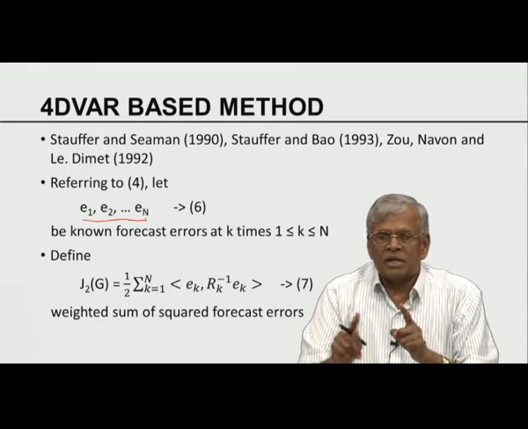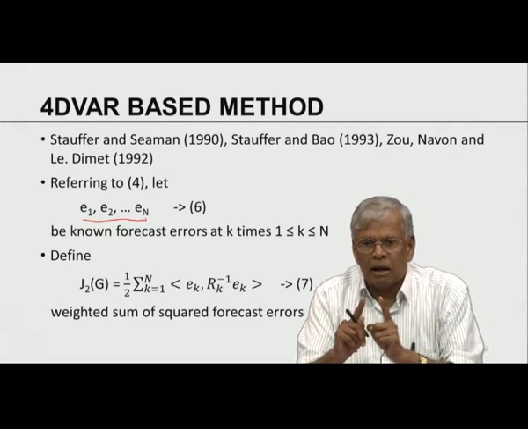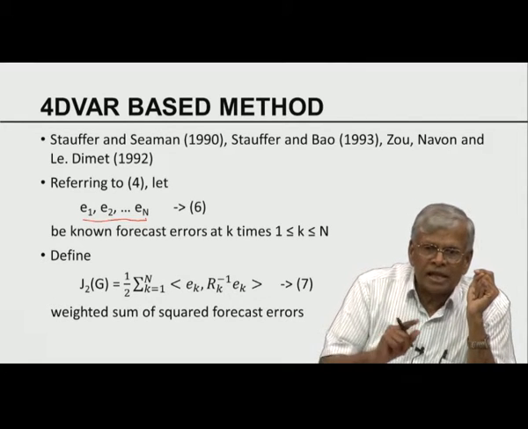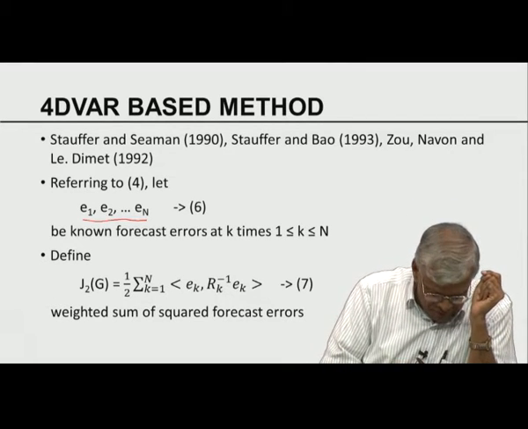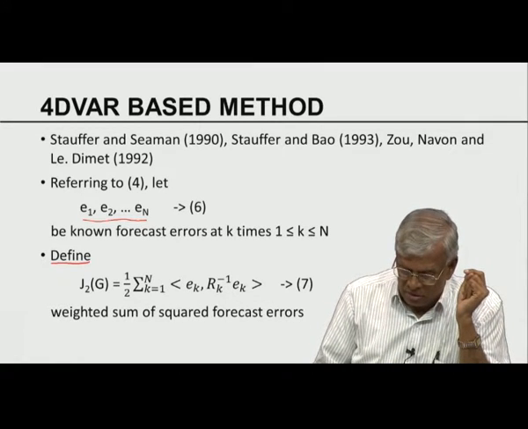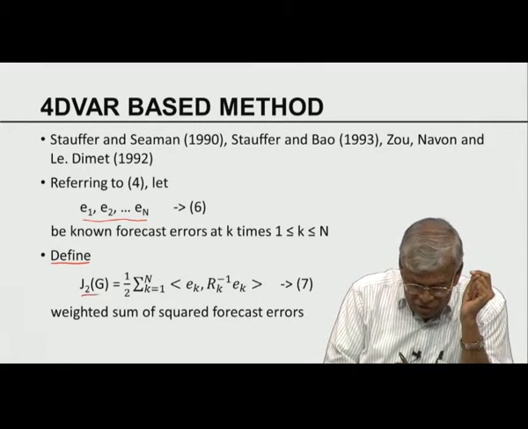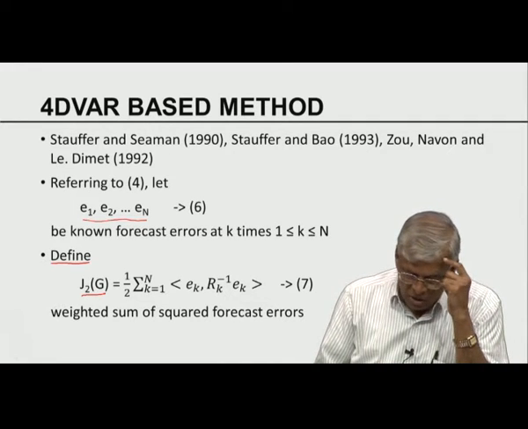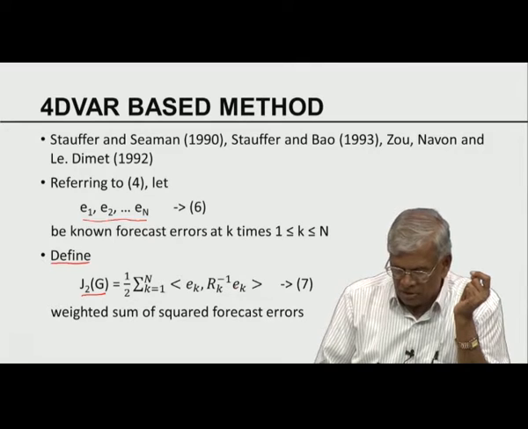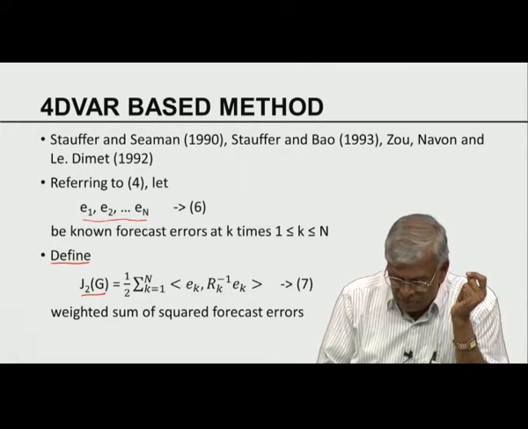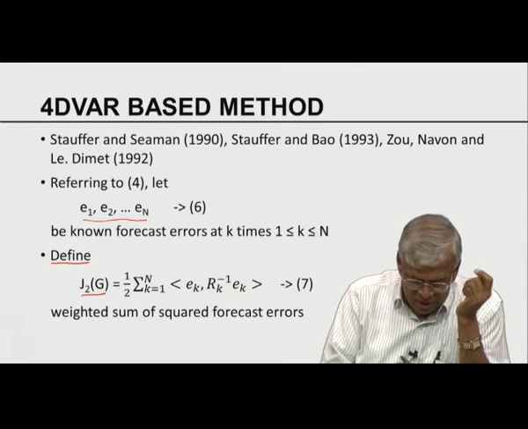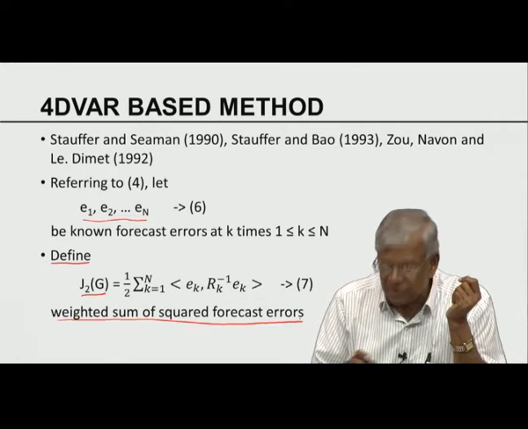If there are n observations, then there are n forecast errors. If there are n forecast errors, then I can compute the least square cost function J2 of G, which is given by the sum of the inner products of Ek with Rk inverse Ek. What is this? This is the weighted sum of squared errors.